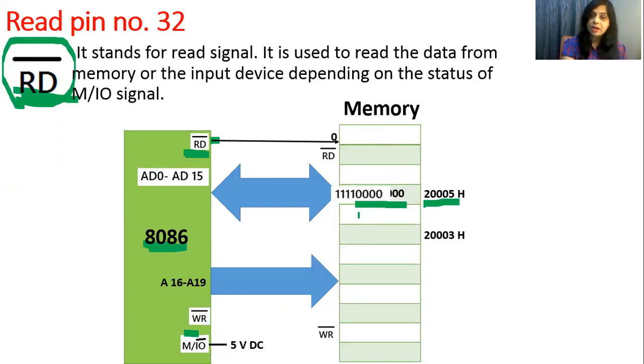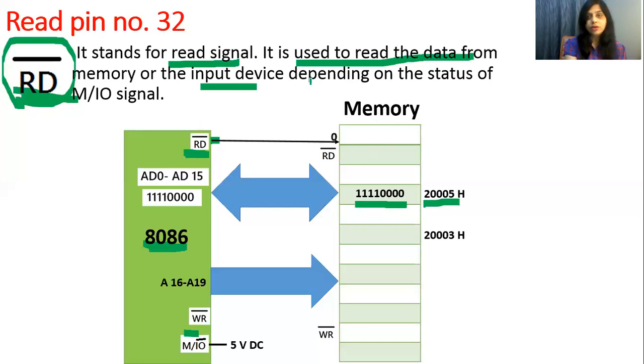And after that, memory will transfer the data at that particular location to 8086. So read bar pin is used for read operation. It stands for read signal. It is used to read the data from memory, or it may be an input device, whatever we connect out here.